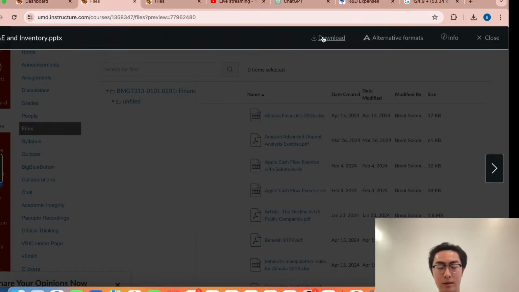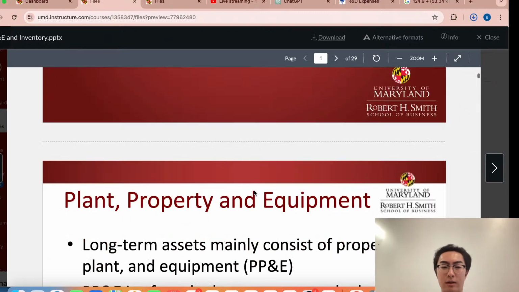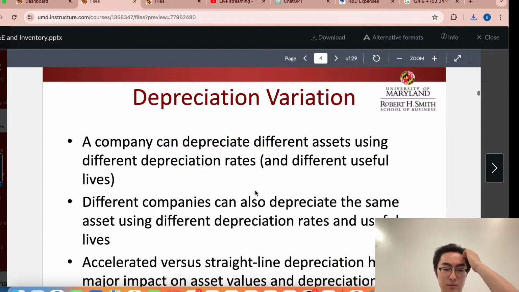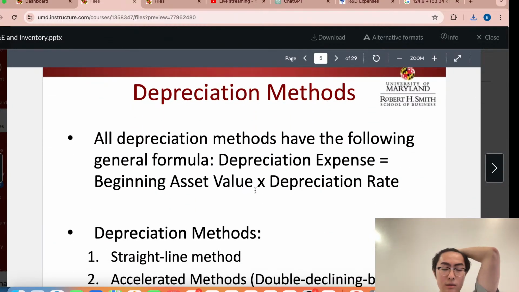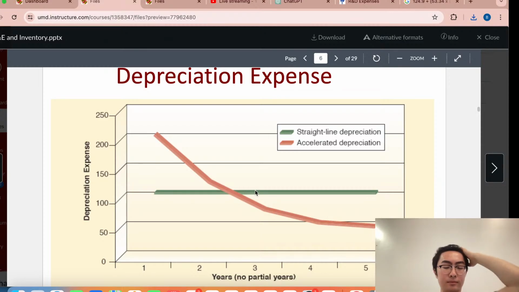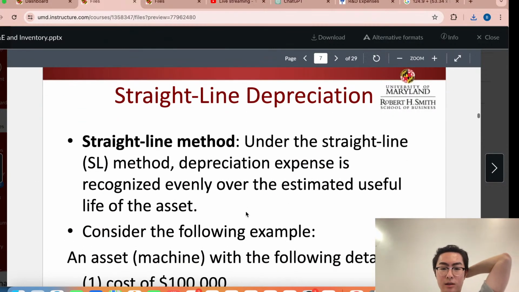PP&E and inventory. Okay, I think this is probably going to be good. Oh, and it'll be good for me to have all of these pulled up to salvage depreciation rates. So we have accelerated versus straight line depreciation.